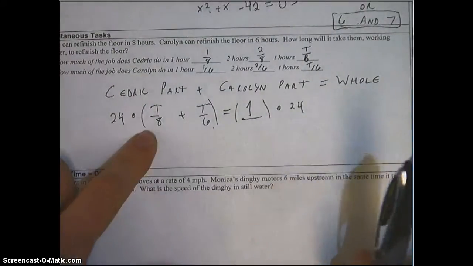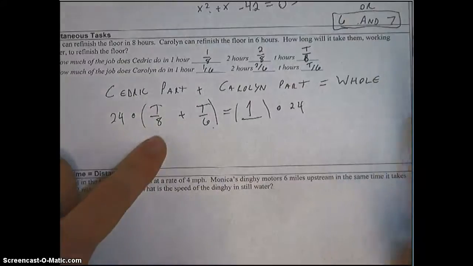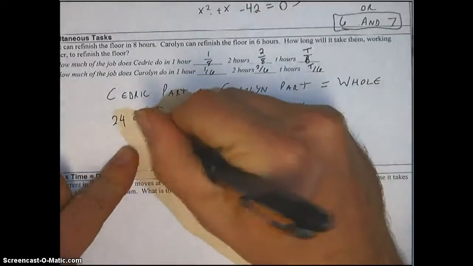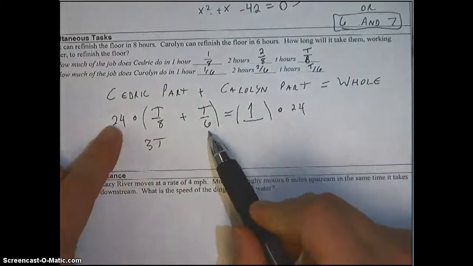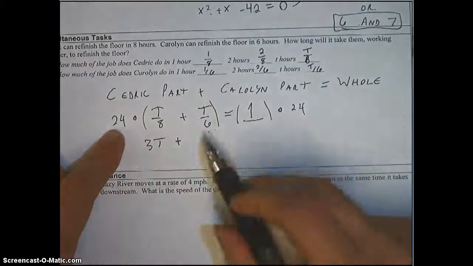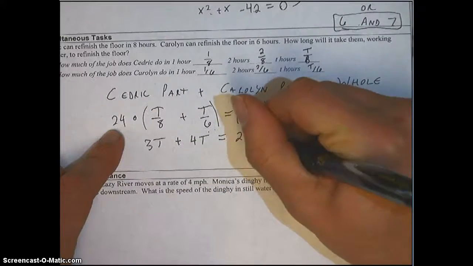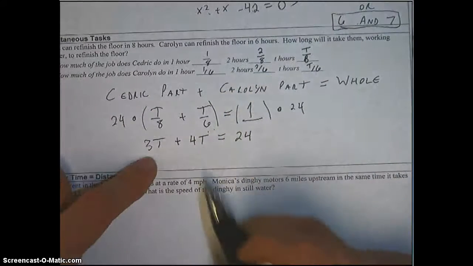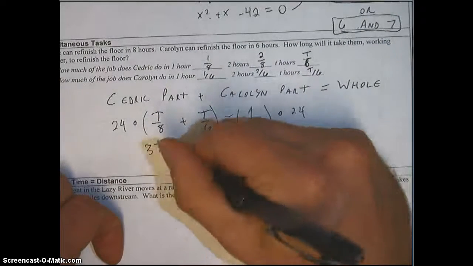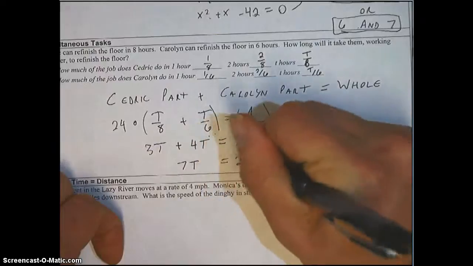So 24t divided by 8. 24 divided by 8 is simply 3t. 24 divided by 6 is going to be 4t. And that whole thing equals 24. 3t plus 4t is 7t equals 24.